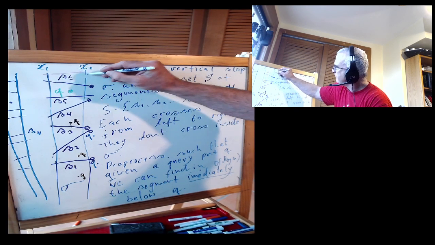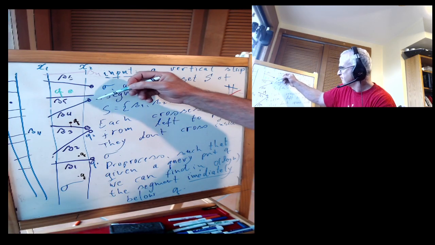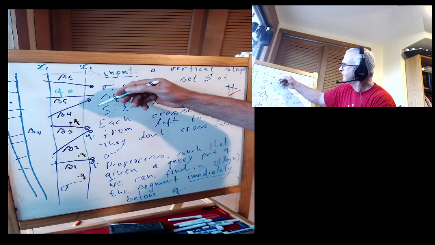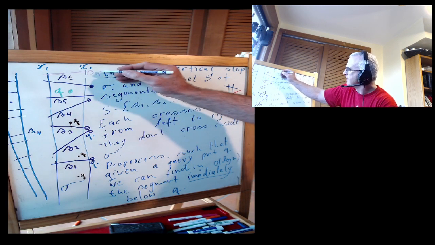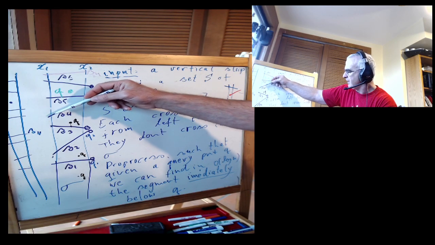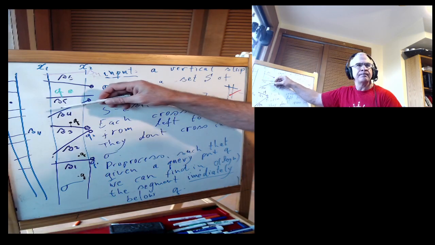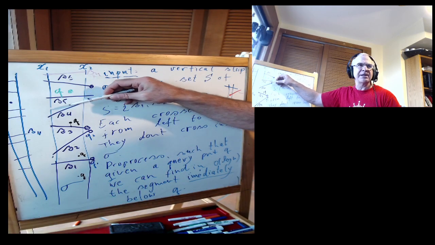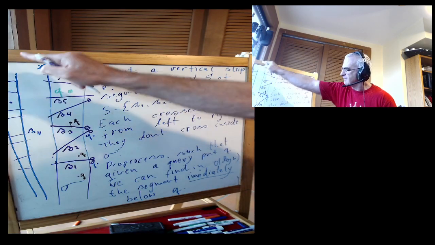So S4 is a median, right? Or yeah, 1, 2, 3. S4 is a median, and I want to know if Q is above or below S4. Everybody understand why I picked S4? Because I have 7 segments. I just think about them as a binary search.